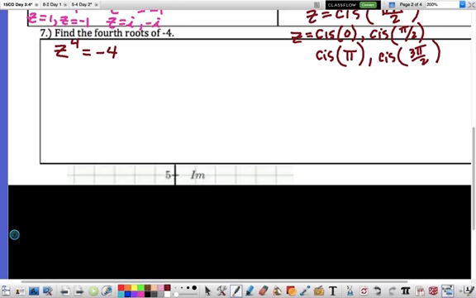This one, I'll just go slower as you are working through it.